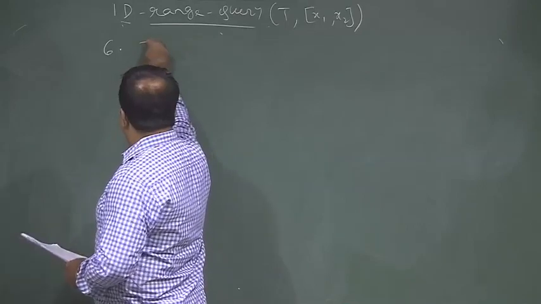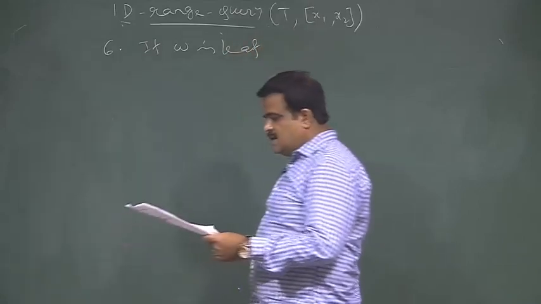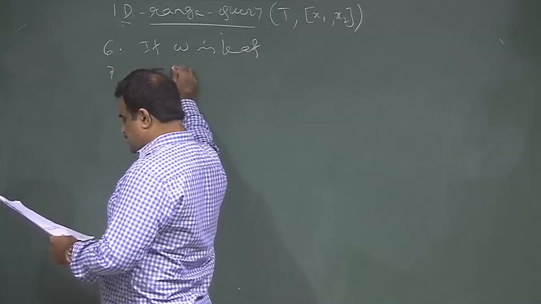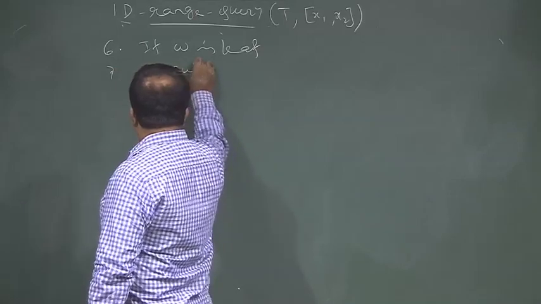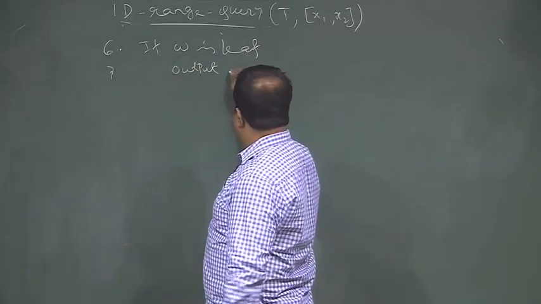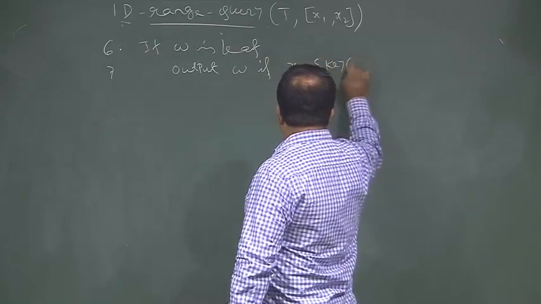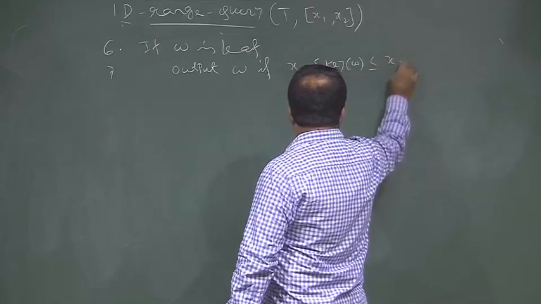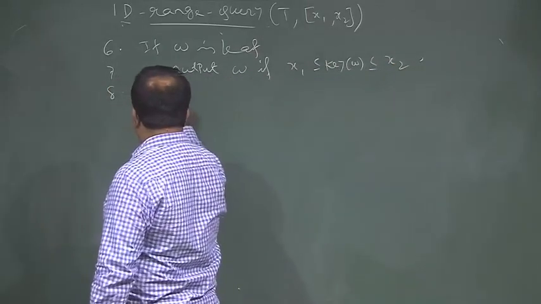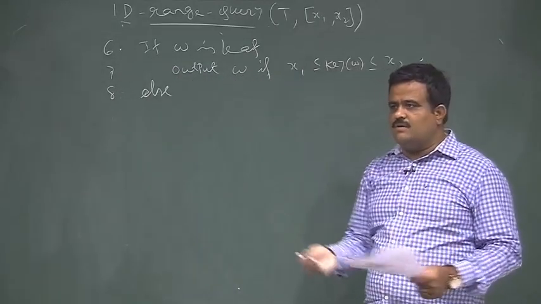Now, if w is a leaf, then we just check the key of w against the interval, and if it is matching, output the leaf w if x1 is less than or equal to key of w is less than or equal to x2. Otherwise, if w is not a leaf, that means w is a split node which is not a leaf, so it has some child, left child or right child or both.